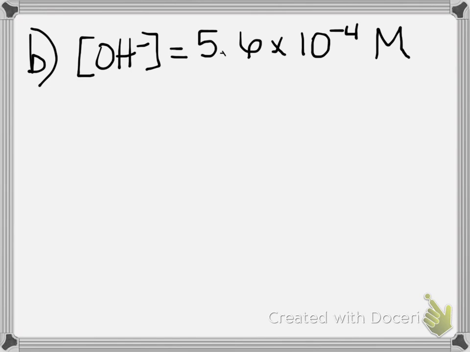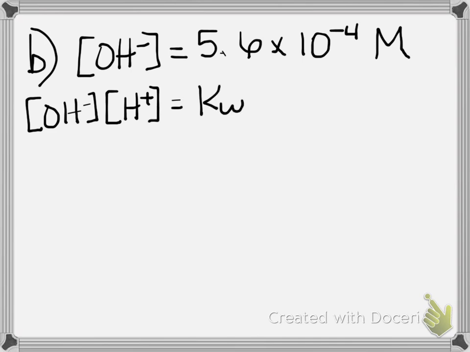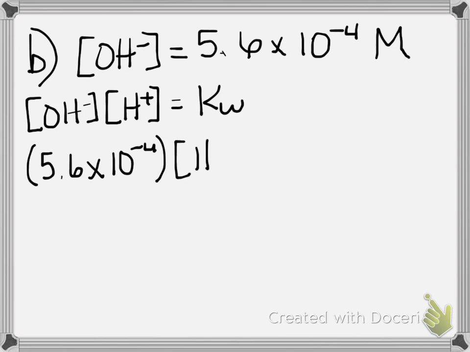Okay. So the first thing that I'm going to do is remember that hydroxide times hydrogen equals Kw, which is 1 times 10 to the negative 14. So if I plug in what I know, OH is 5.6 times 10 to the negative 4 times the hydrogen concentration equals 1 times 10 to the negative 14.